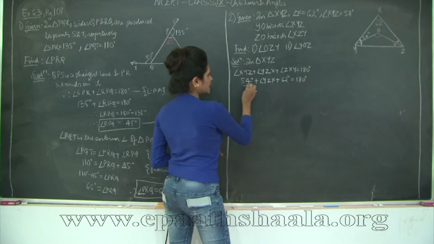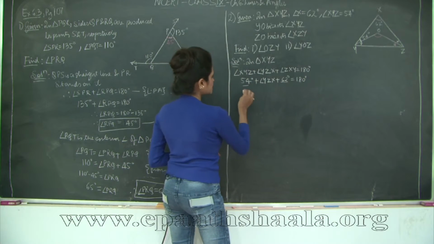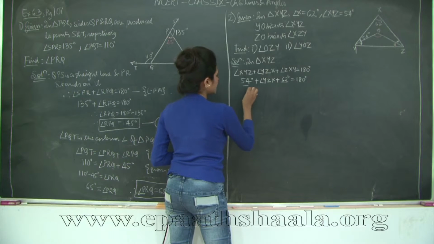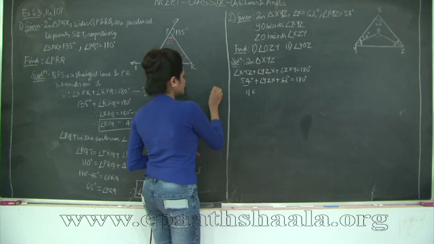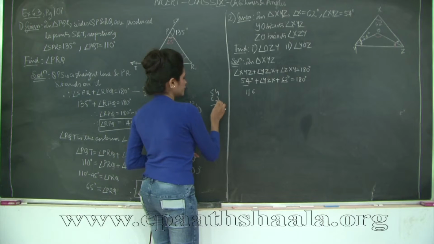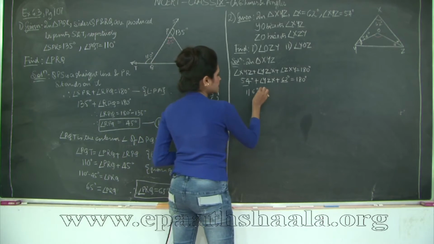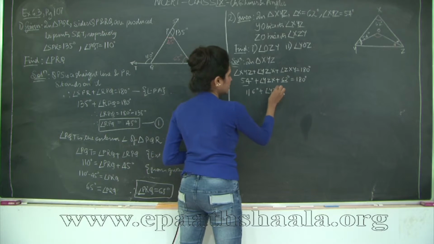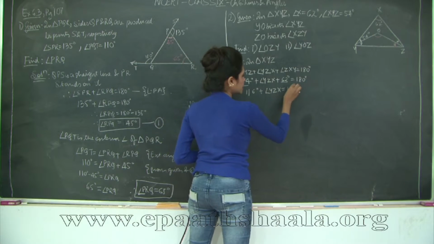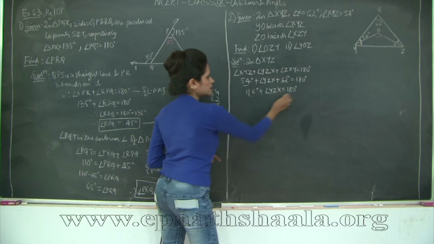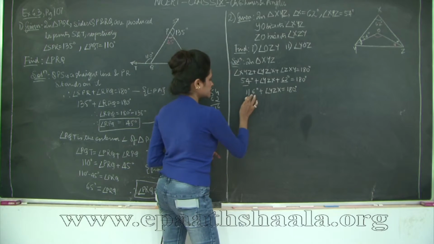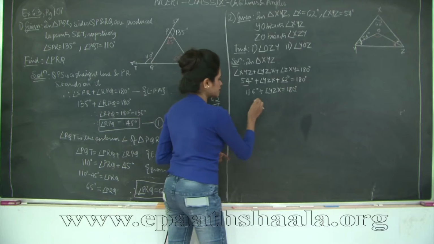Correct? Let's add these two. So 54 plus 62, let's confirm, 54 and 62: 116 degrees. Correct? Plus angle YZX is equal to 180 degrees. Now let's bring this to the right hand side, which is 116 degrees, so it will become negative.